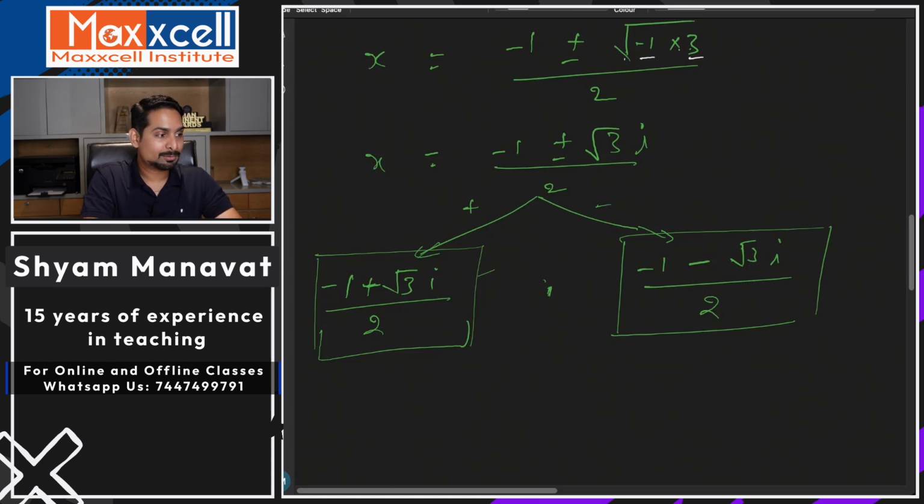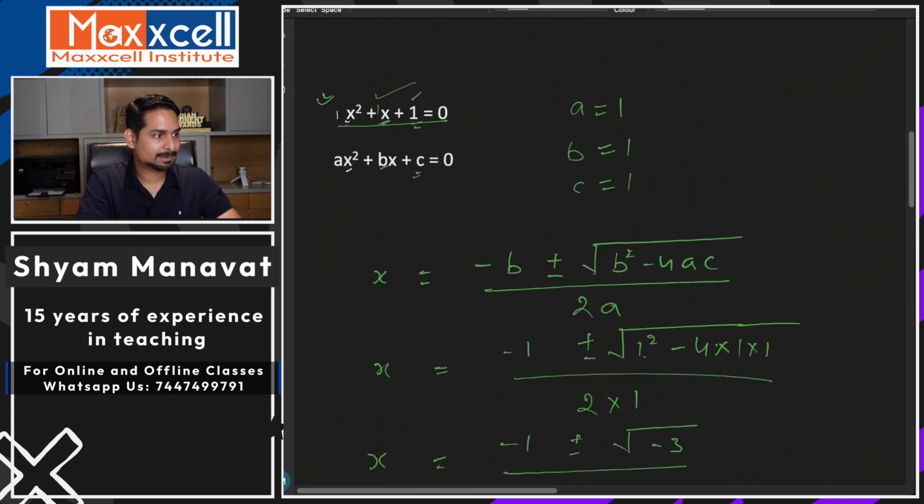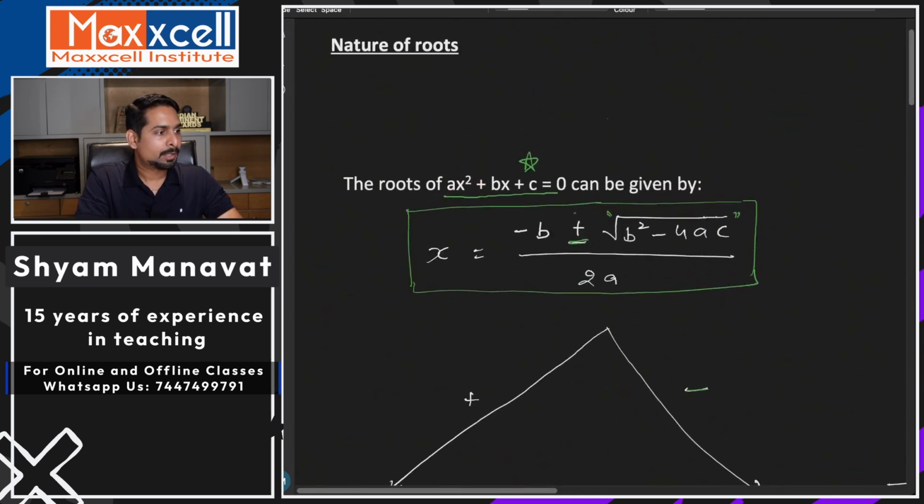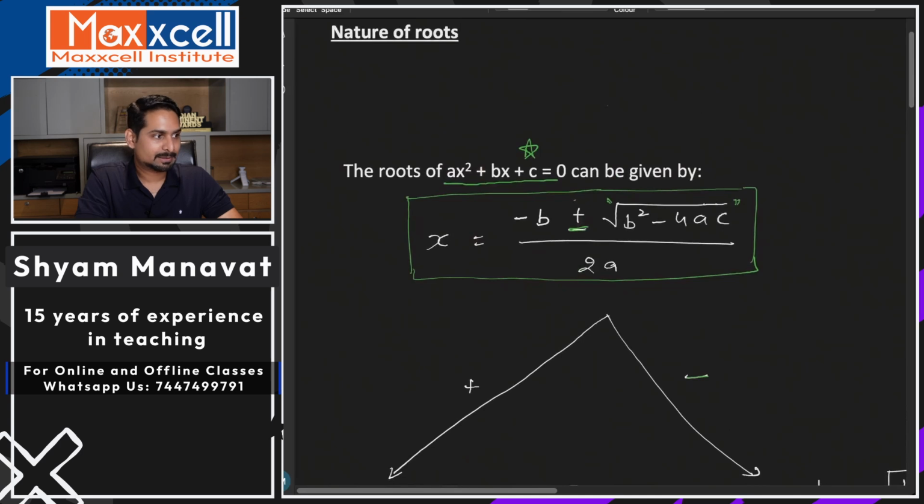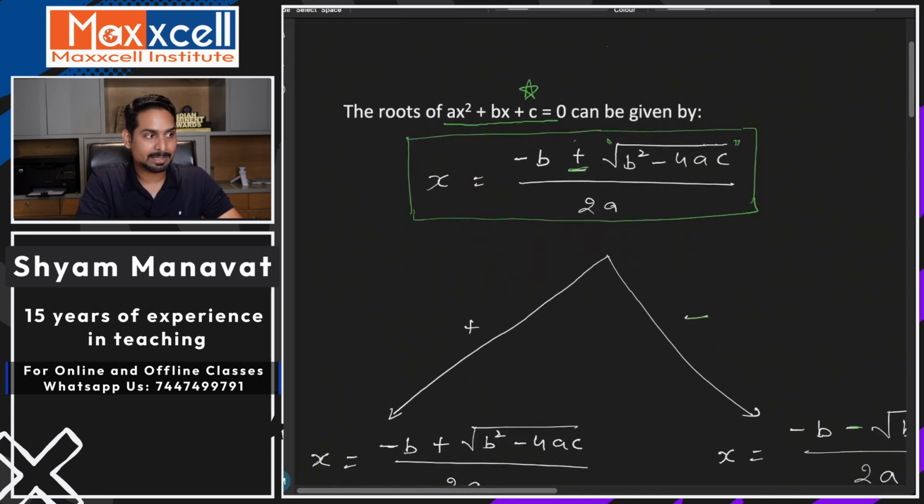We will talk about this kind of solution again later, but as of now it is important to understand and note. So note this part, note this explanation. The general standard form of the equation, and then how to solve by using the formula.